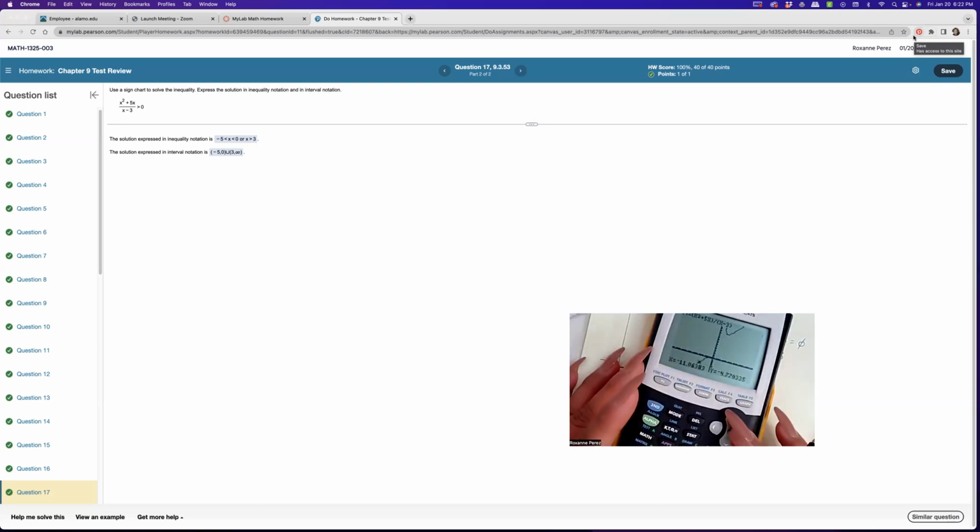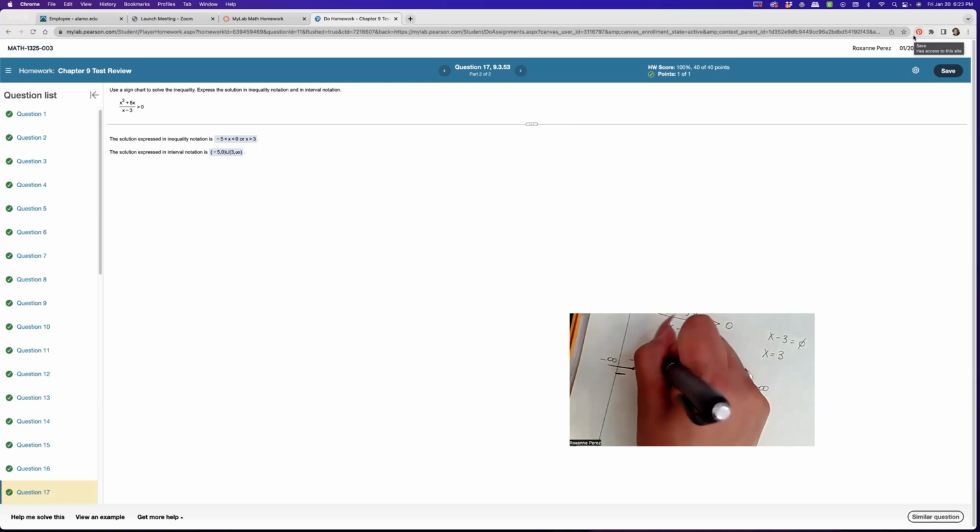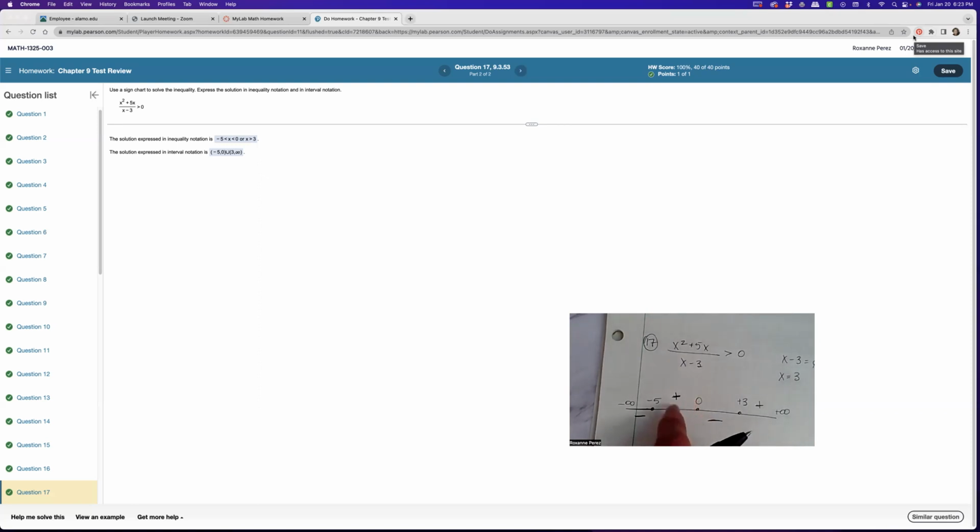And then if we keep scrolling past -5, our y values from -5 to 0 were all positive. So this part is positive for our y values. And so our question is asking us for inequality notation when this function is greater than 0. So when does that occur? They're positive y values from -5 to 0, and from 3 to positive infinity.